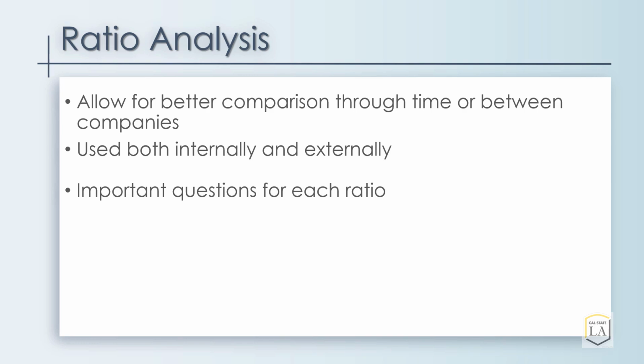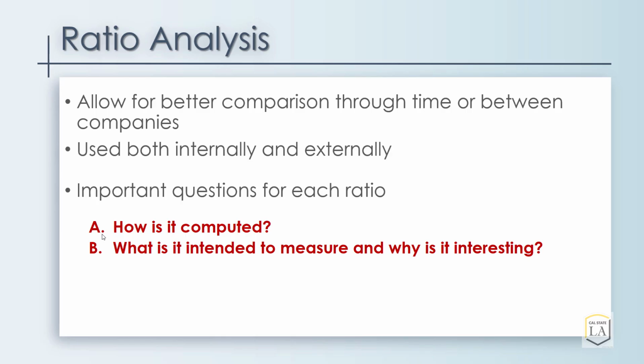So before we proceed to more details about ratio analysis, it is very important that we understand that we need to ask the following questions for each and every ratio that we're going to learn. The first question is, how is it computed? So basically, we will have to understand and remember the formulas for each ratio. B, what is it intended to measure?